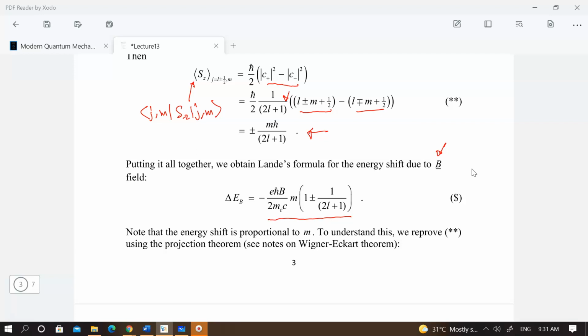What else over here? One of the things that's going to be important for us is that you can see this shift is actually proportional to this M. What's M? M is the eigenvalue of your Jz.